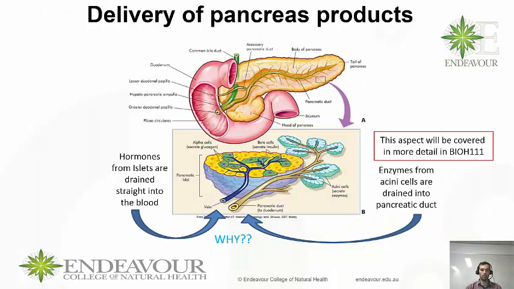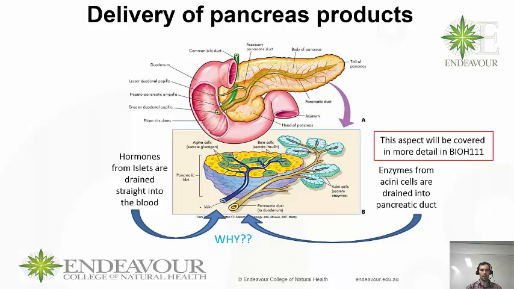So we can see how these particular hormones and enzymes are actually delivered. So we have the insulin and glucagon, which are in the beta and alpha cells respectively within this pancreatic islet, and we release those hormones via a vein into the blood.